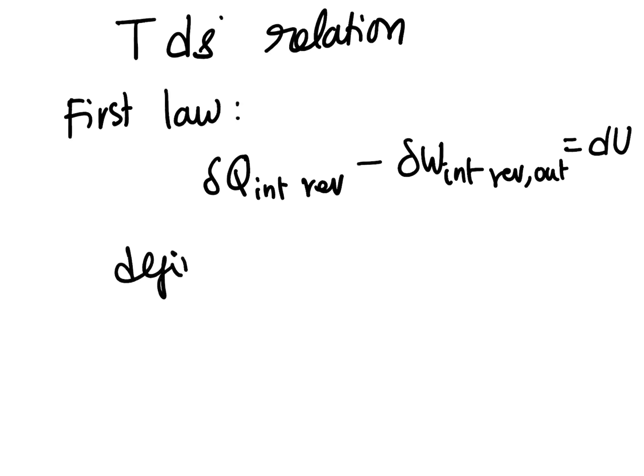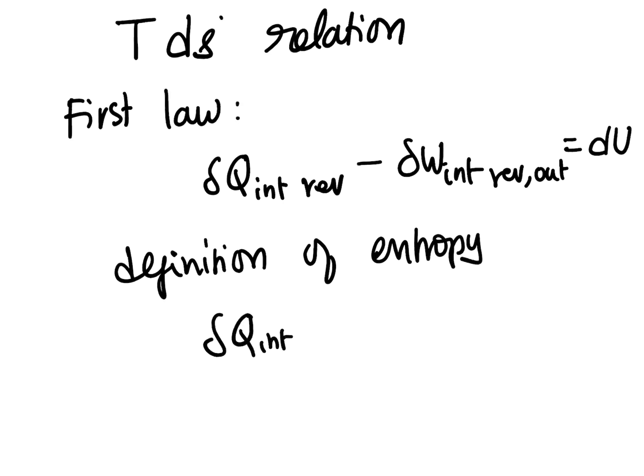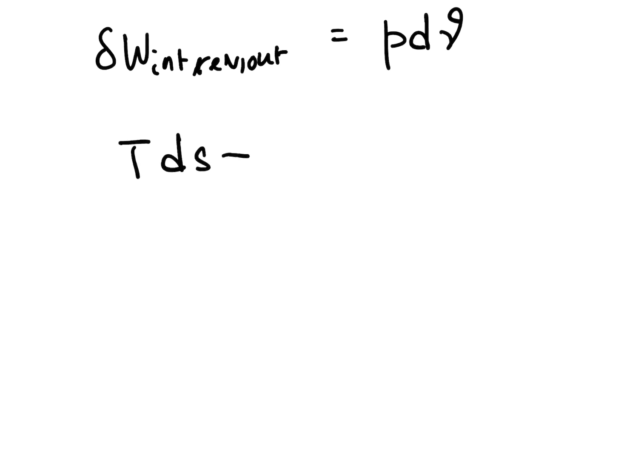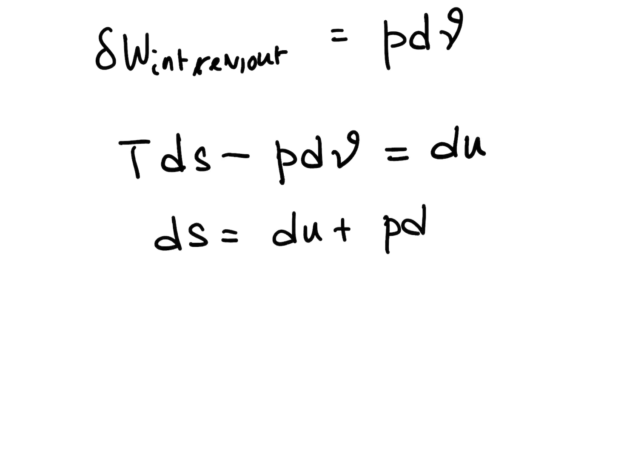But the definition of entropy is that delta Q internally reversible divided by T equals dS, or delta Q internally reversible equals T dS. And the work can always be written as P dV or P d-nu. So I have T dS minus P dV equals dU. I can rewrite this as dS equals dU plus P dV divided by temperature.